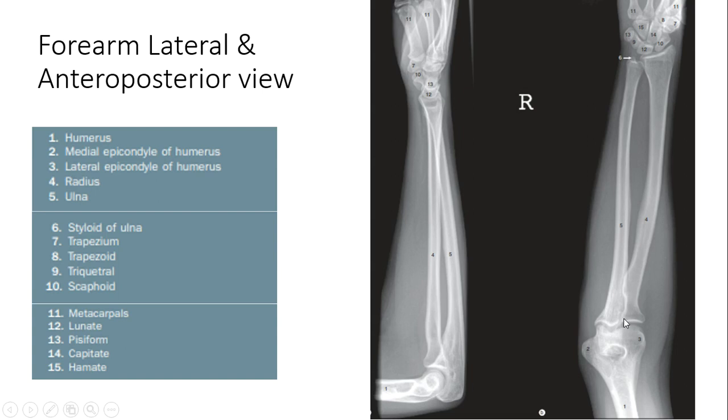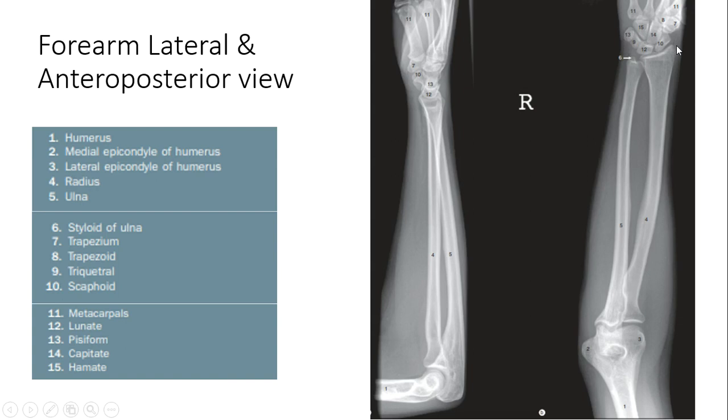Proximally, they form the proximal radio-ulnar joint, and distally the distal radio-ulnar joint. The movements of supination and pronation take place at the radio-ulnar joints. The lower end of these two bones, along with the carpal bones, forms the wrist joint.